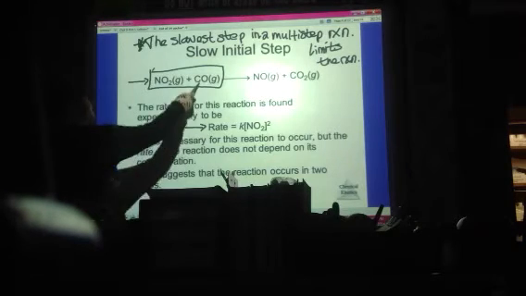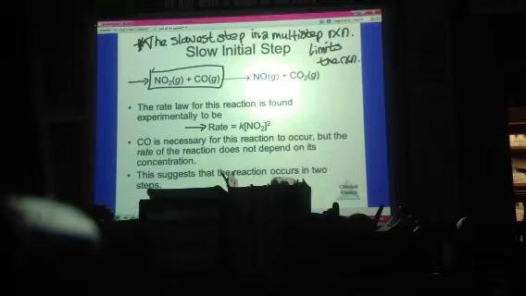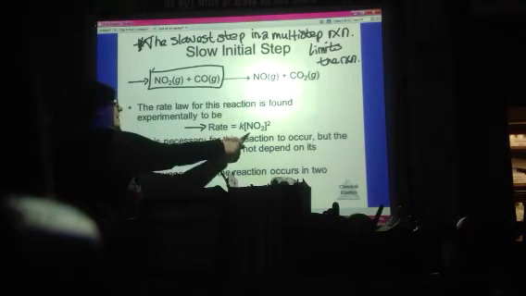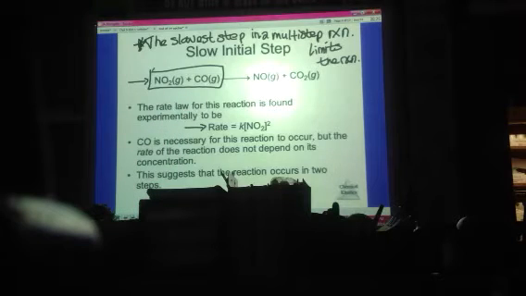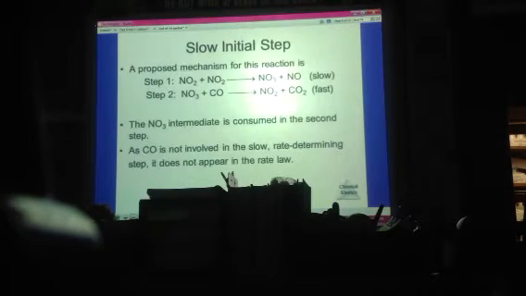Because this rate does not include carbon monoxide, it's telling me that the rate of reaction is not going to depend on the carbon monoxide concentration. Since the rate doesn't depend on this, there's going to have to be a multi-step process going on with this reaction.